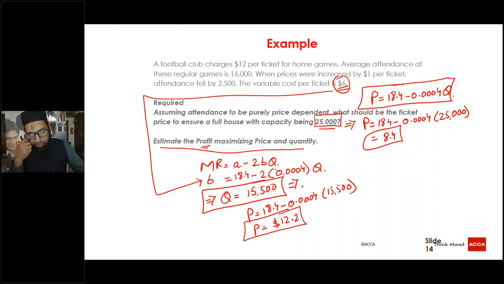This 12.2 is the price at which 15,500 quantity will be sold, and at that point my profit will be maximum. So any question? Yes, Iram, Hamza, Salman, thank you very much. Yes, you are correct. The answer is 12.2.